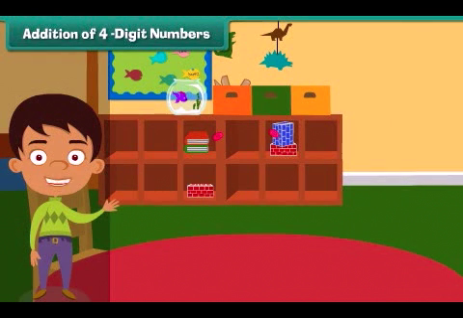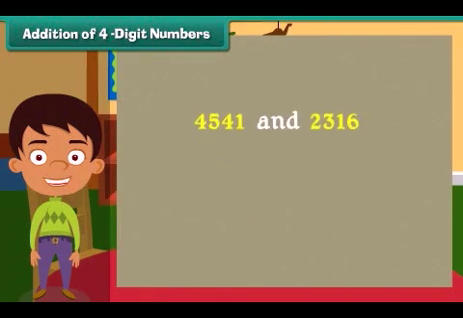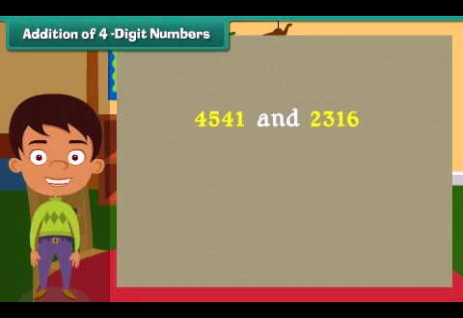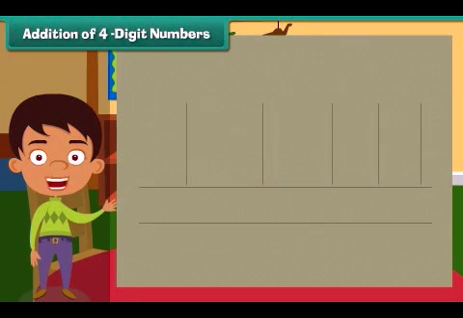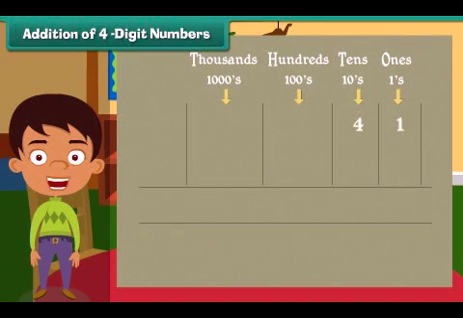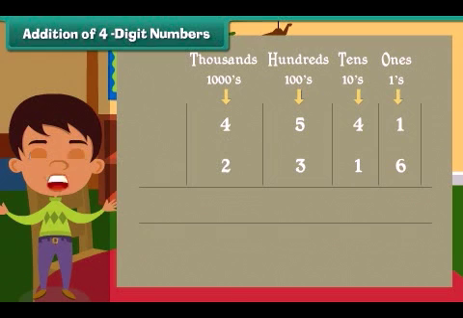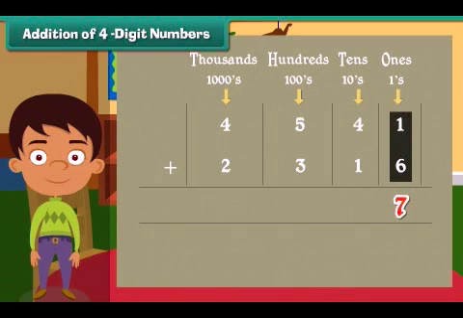Addition of four-digit numbers. The first problem that Ben picks to solve is to add the given numbers 4541 and 2316. He starts solving the question by writing the numbers in these lines. Remember that we begin adding from ones. So here the addition is 7.